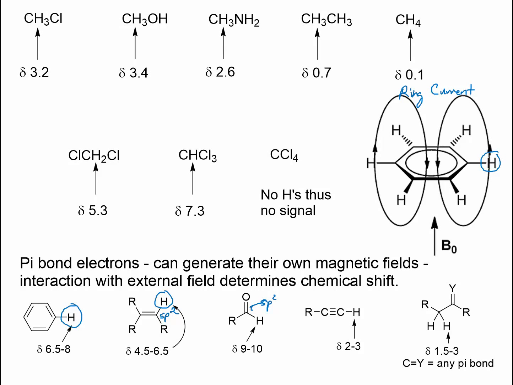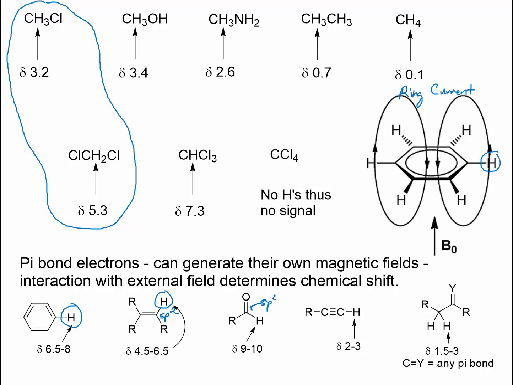All right, so let's look at the previous one here. We'll just look at these two. There are 3 hydrogens giving this signal here. There are 2 hydrogens giving this signal here. If you had a 1-to-1 mole-to-mole ratio of chloromethane and dichloromethane, you would find that this signal was 1.5 times as big as this signal because there are 3 protons contributing here, where there's only 2 protons contributing there.